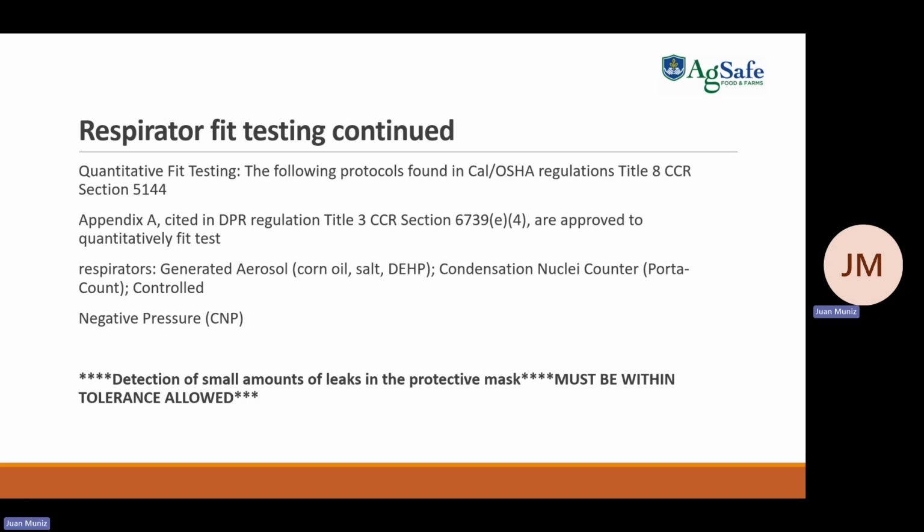If that leak is greater than those minimum allowed limits, then technically they would not pass that test. And so you would need to look again into a better filtering cartridge or double check all of the seals.